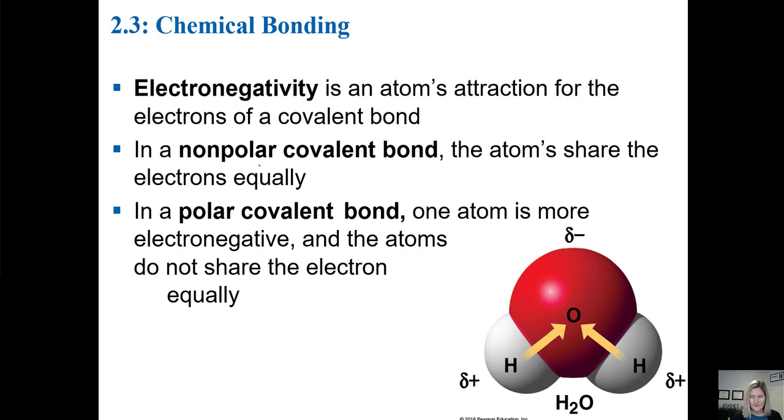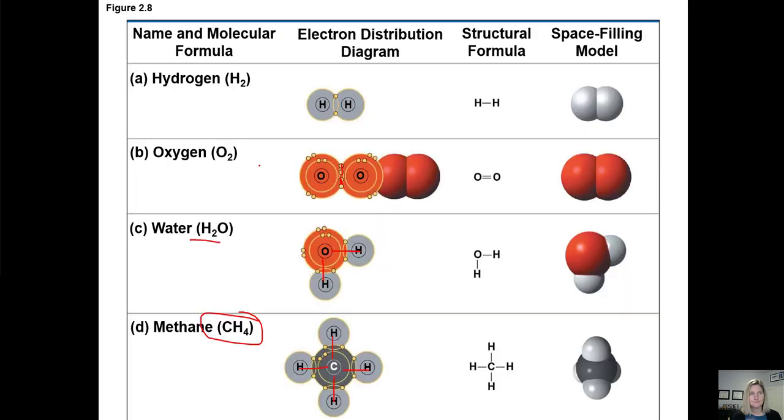An example of that would be, let me go back, 2 oxygen atoms together, they're going to be sharing those electrons equally. The hydrogen gas, where we have 2 hydrogen atoms, they share them equally because they're the same electronegativity.